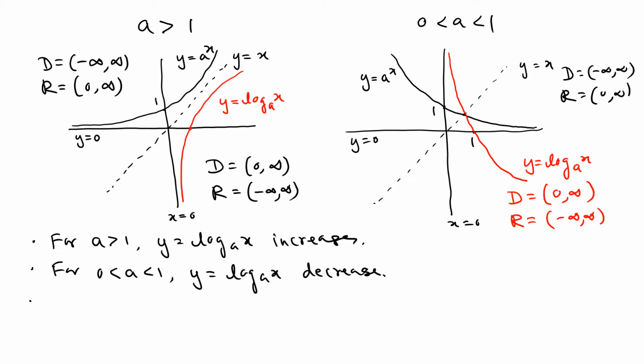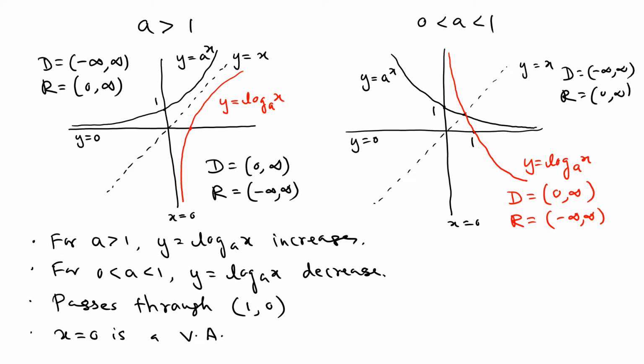And then also we can see that both graphs pass through the point (1, 0). So those are the major properties that we see. And then also we have x equals 0 is a vertical asymptote. Okay, so those are the major properties of the logarithmic graph.